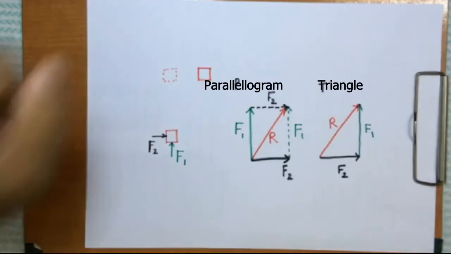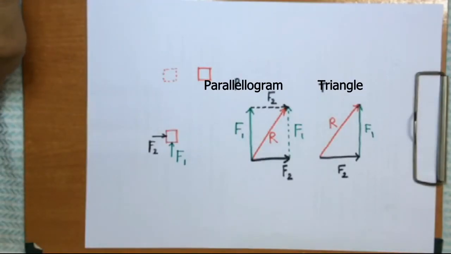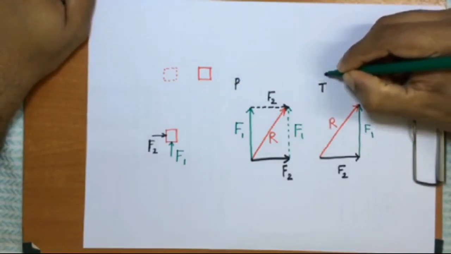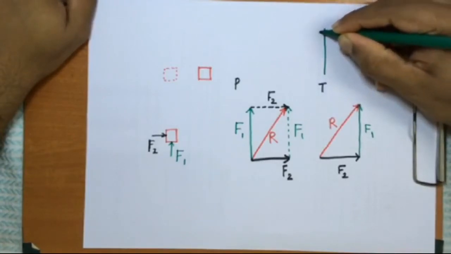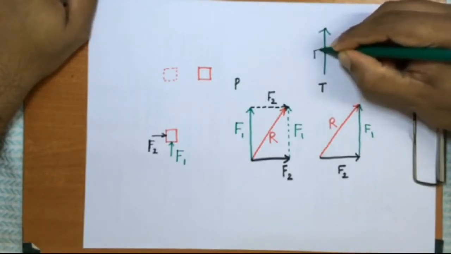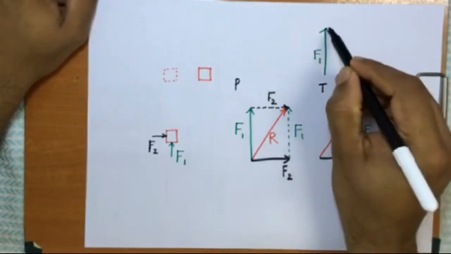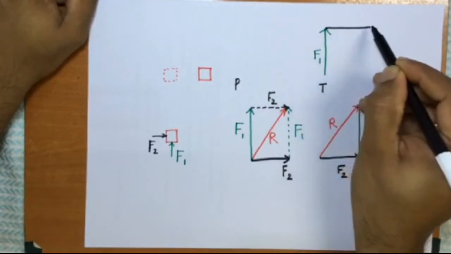Now, what if I add F1 and then F2? Okay, let us try that. Let us consider F1 is the first force that is added, and on top of that you are going to add your second force F2.